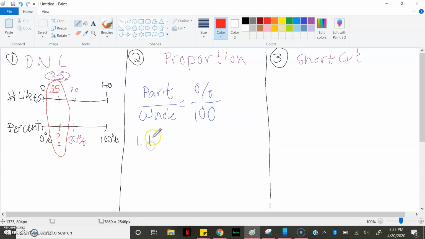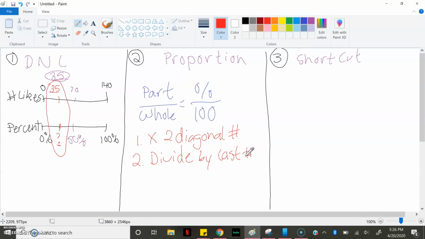First, multiply 2 diagonal numbers, and then the second thing is divide by the last number. So let's go ahead and fill in what we know.